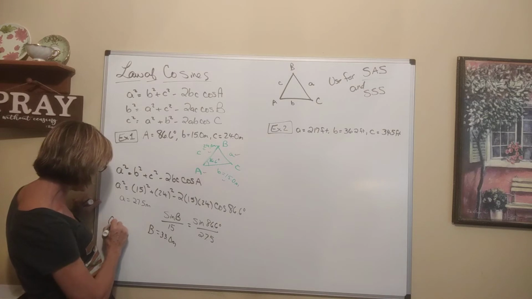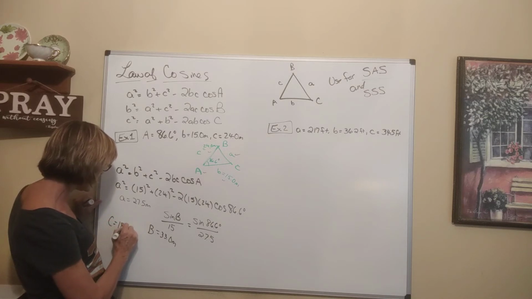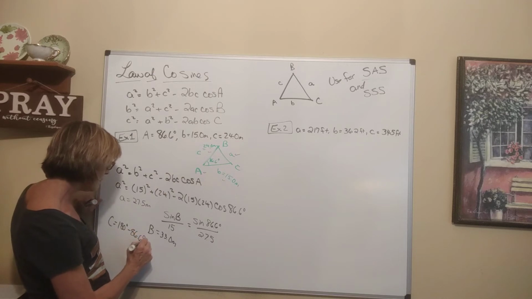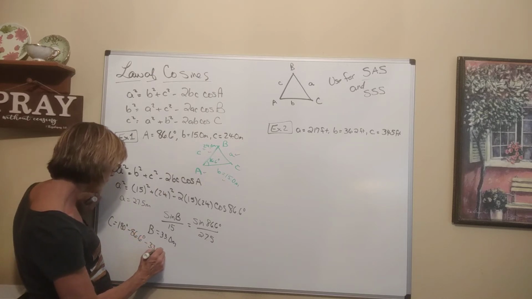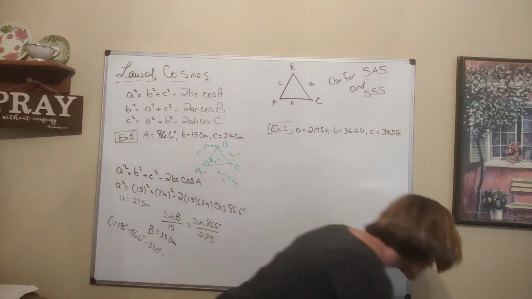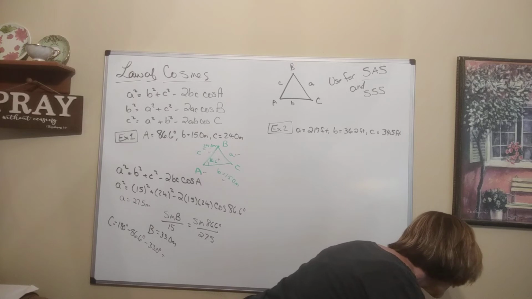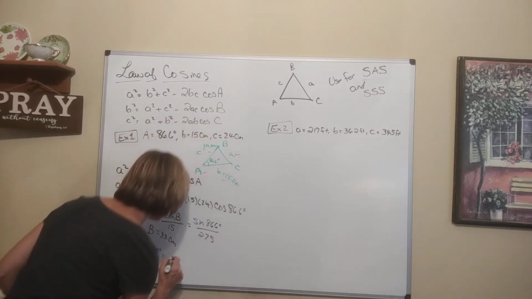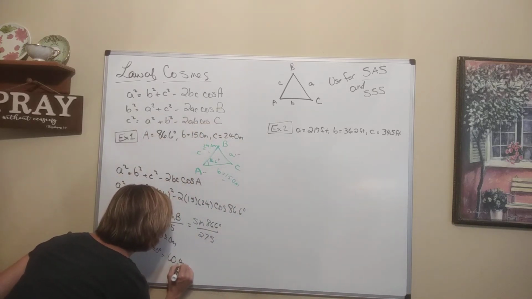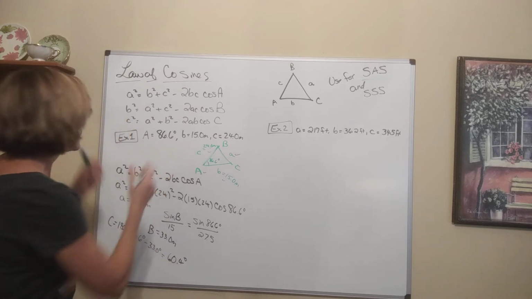So angle C is going to equal 180 minus 86.6 minus 33.0. And when I do that, I get that angle C is 60.4 degrees. All right, that's example 1.